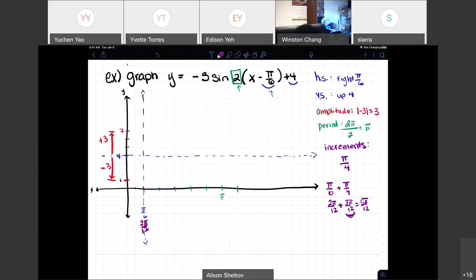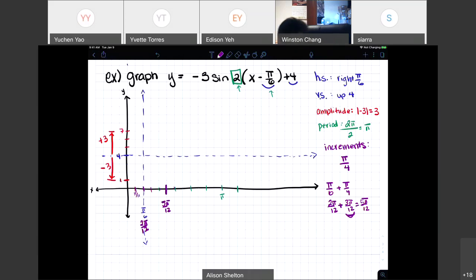So we need to add 3 pi over 12 to 2 pi over 12, and we get 5 pi over 12. There's 2 in each of these lines that I drew between the origin and pi over 6, so there's 1 line, that's like pi over 12 here. So if we're looking for 5 pi over 12, that's 1, 2, 3, 4, 5. And that's our second important point, which is 5 pi over 12.